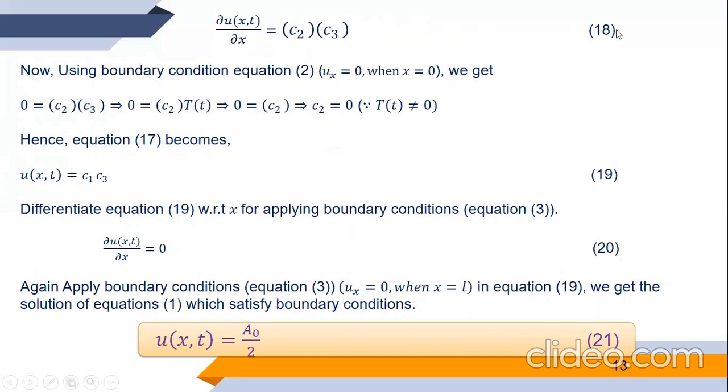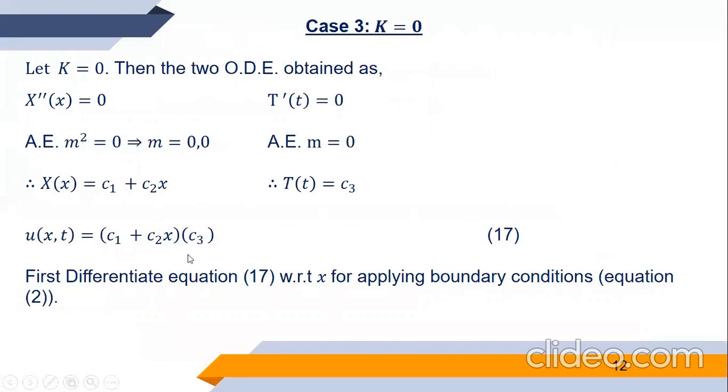So in this equation, ux is 0. We are applying the boundary condition when x is 0. So 0 is equal to c2 into c3, which implies 0 is equal to c2, and T of t is c3. So T of t not equal to 0, then we get c2 is 0. Hence, the equation 17 becomes, that means here c2 is 0, so u(x,t) is equal to c1 into c3.